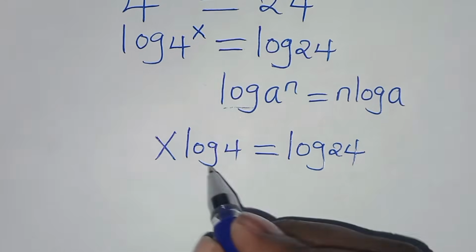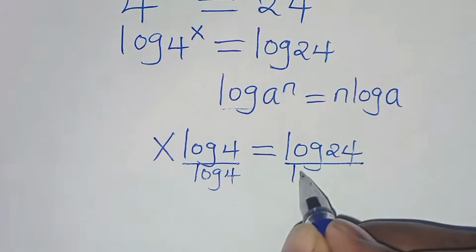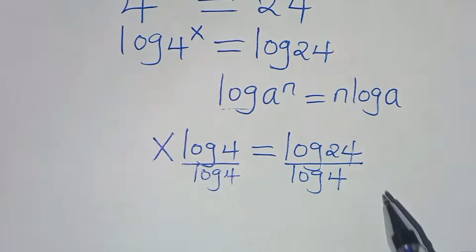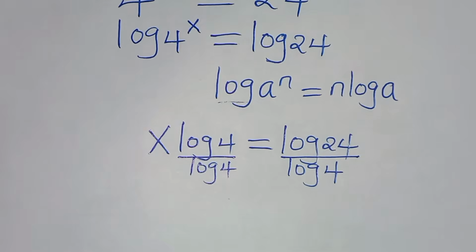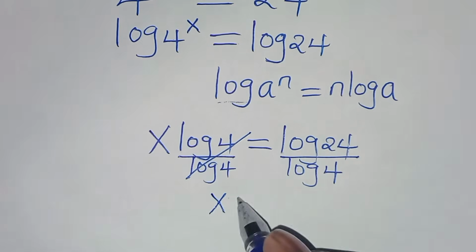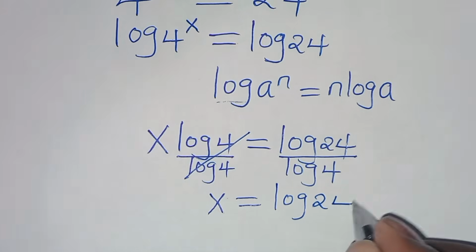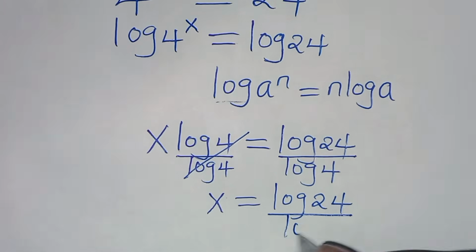So let's divide both sides by log 4. That simplifies so that x is equal to log 24 divided by log 4.